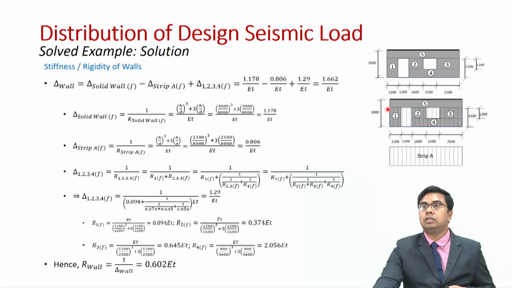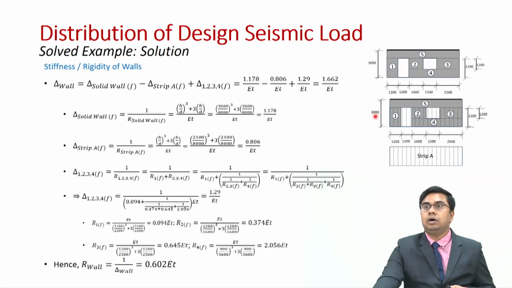We will be left with wall portion 5 only, and then we are adding the wall portions 1, 2, 3 and 4. 1 is this very portion, 2 is the portion between door and window, 3 is the portion between window and the end of the wall, and 4 is the long portion over here.